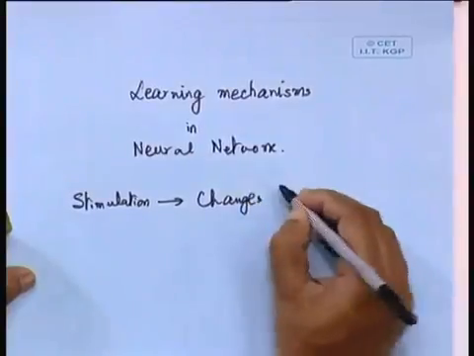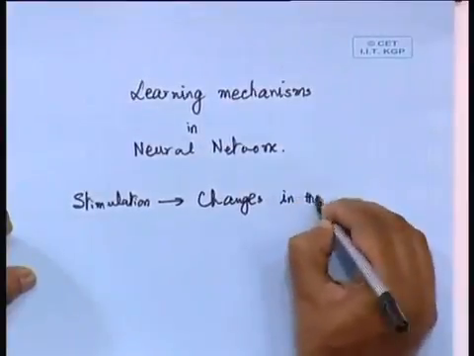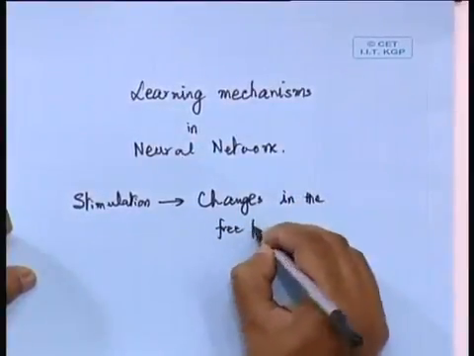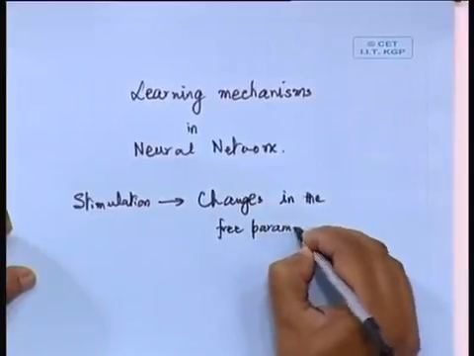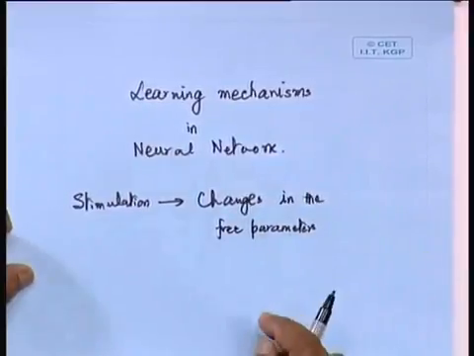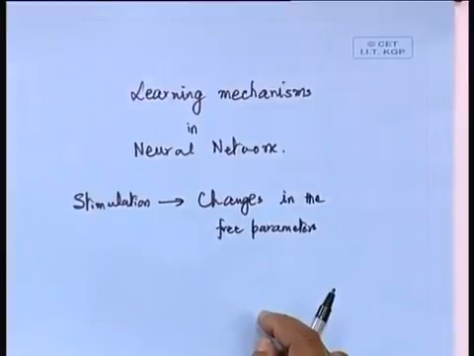And what we are doing after obtaining the stimulations is that we are making changes in the free parameters of the neural network. In the case of the biological neuron, it is the synapses that are going to change, the synaptic behavior or the synaptic connection strengths, which adapt according to the stimulation that we receive.